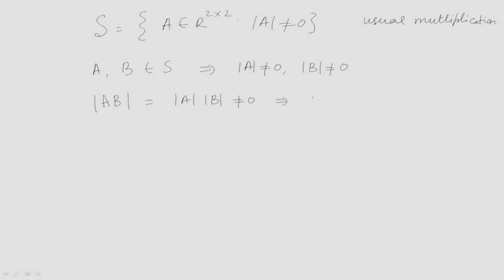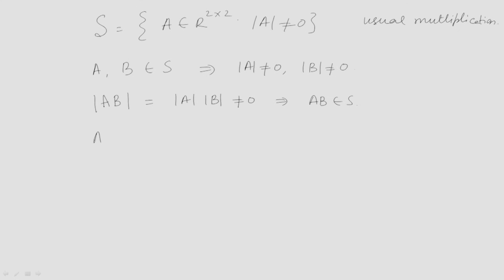This implies AB belongs to S. That means this usual multiplication forms a binary operation on this set S. Now, we have to see associativity. Matrices satisfy the associative property, we already know that (AB)C is the same as A(BC) for all A, B, C in S. This is always satisfied in the case of matrices.